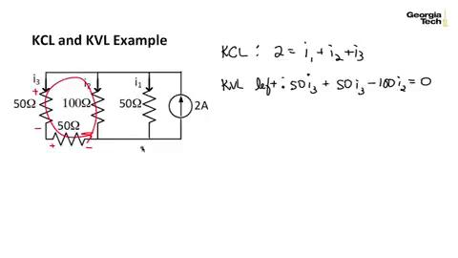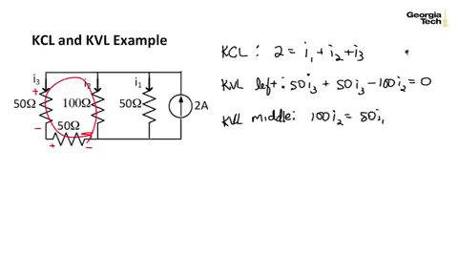Now if I do a KVL in the middle, these two components are actually in parallel with one another, and so in that particular case, I've got 100 I2 is equal to 50 I1.